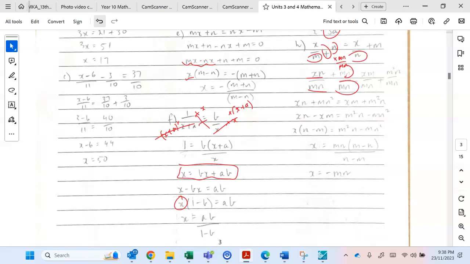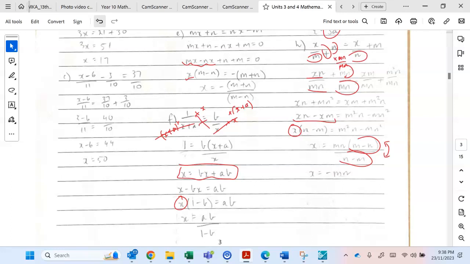All right, bringing your x's over to the same side. So you can see there I've got xn minus xm, bringing x out as a common factor, and then it's pretty much the same as before. What did we do here? Okay, so at this stage, you're probably thinking, well, I've got n minus m here and m minus n here. Now, obviously, they're not the same, all right, because m minus n is not the same as n minus m.